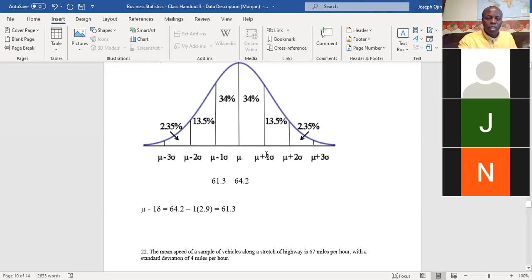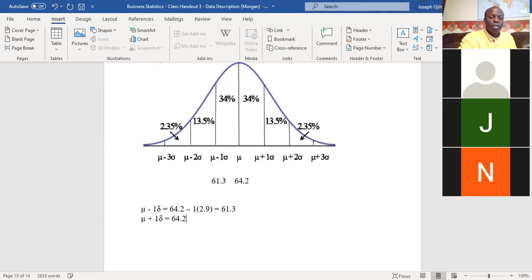Now you do the same thing for the plus side. Mean plus 1 times standard deviation, which is 64.2 plus 1 times 2.9.